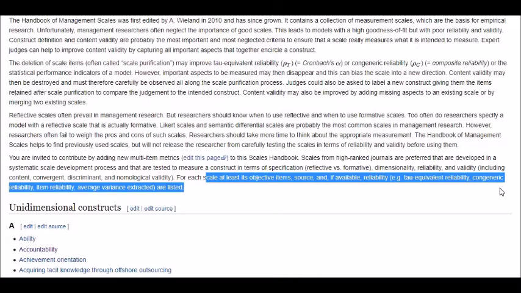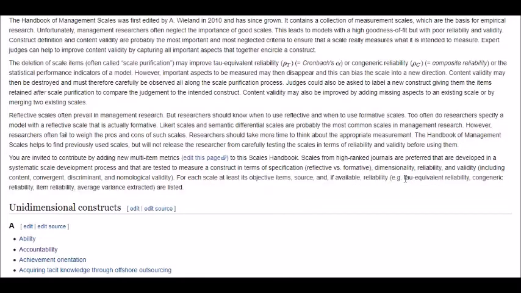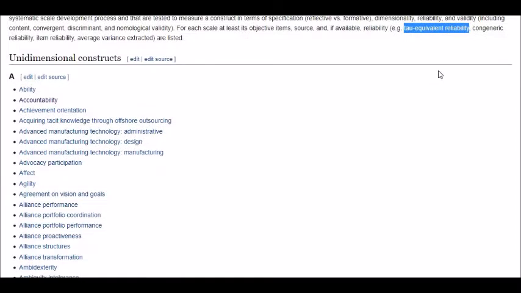And while you are measuring, that means when you are applying a particular test, that is the time when you have to understand that there is tau equivalent reliability, congeneric reliability, item reliability, and you will see further things coming in also. So let me proceed further without jumping into the other discussions depending upon the reliability and other things out here.